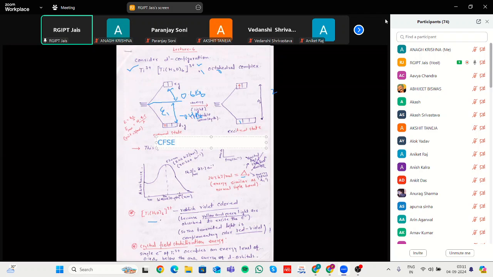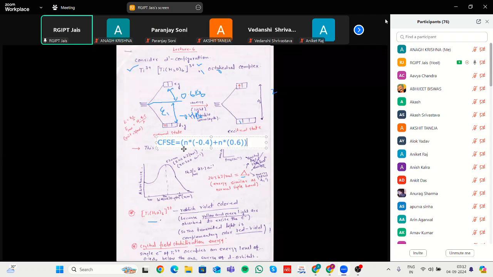CFSE, crystal field stabilization energy, is equal to n, the number of electrons filling the t2g level, which has energy minus 0.4, plus n, the number of electrons in the eg level, which has energy 0.6, and the total of this is multiplied by del O. This is octahedral.